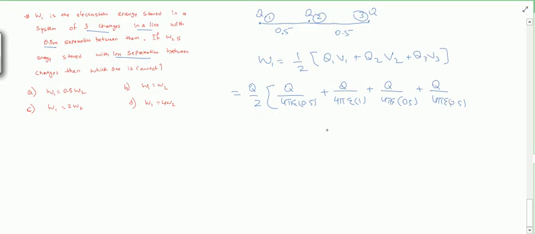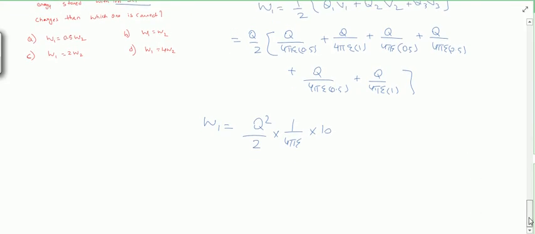For V3, the distance from the second charge is 0.5, and from the first it is 1. After solving this, it comes out to be Q square by 2, with 1 by 4 pi epsilon naught everywhere, and after solving the distances it will come as 10.